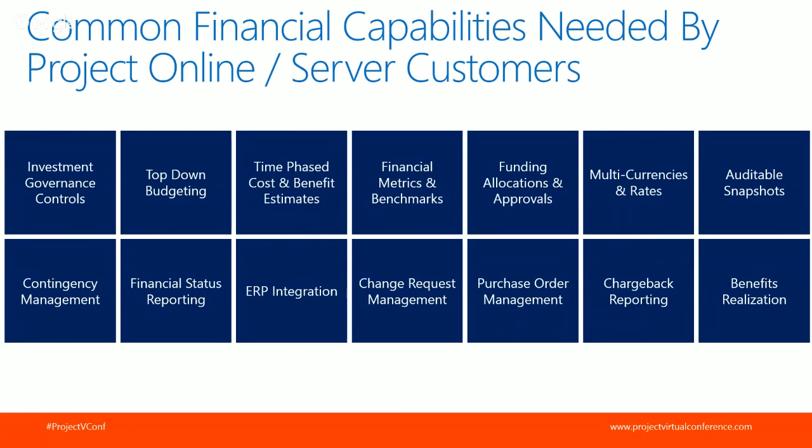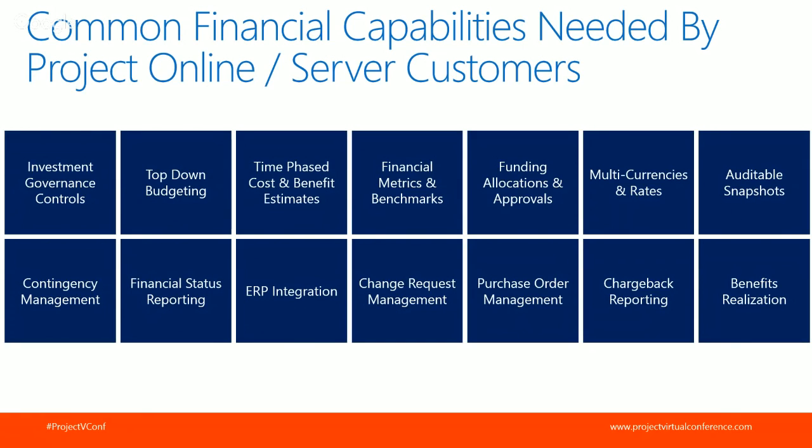Depending on where you are and the size of your organization, multi-currency may be applicable to you. So again, geographically dispersed projects or companies with businesses in different countries may require multi-currency. So how to systematically break down the different currencies and manage the exchange rates on an ongoing basis.